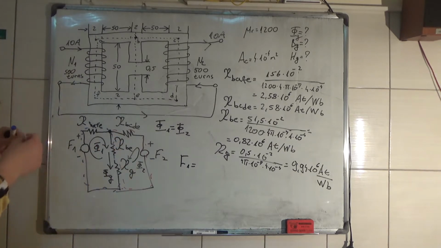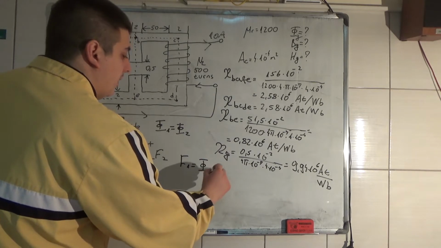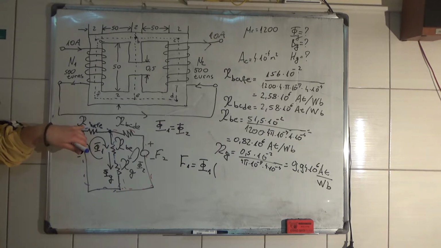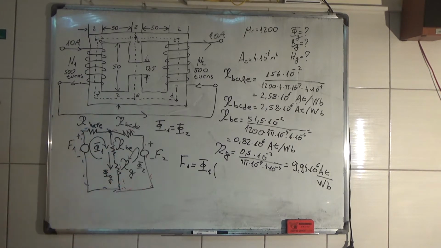So for this blue closed loop, the equation is that the MMF is equal to all the magnetic dropouts, I would say something like that, is equal to flux 1 times the sum of RBAFE plus RBE plus RG.